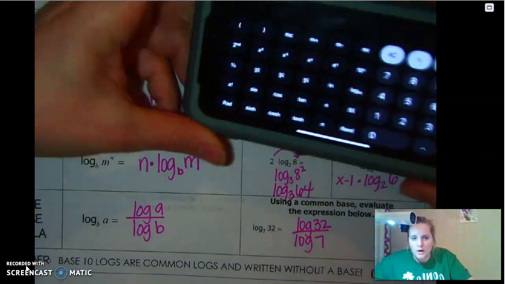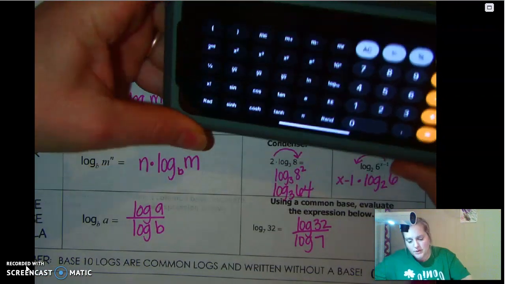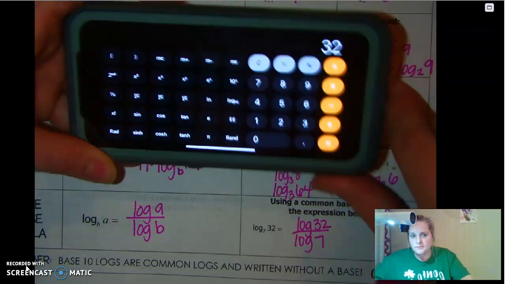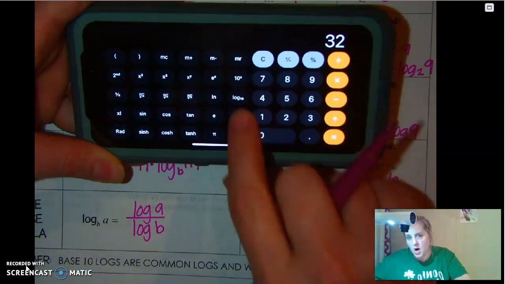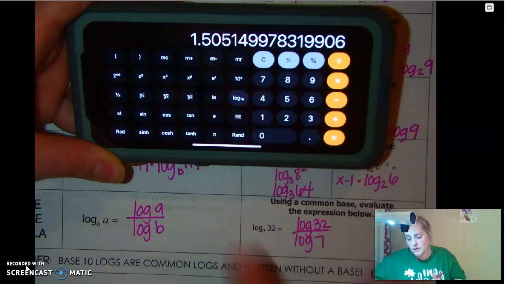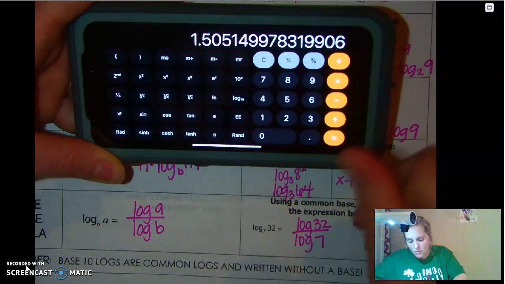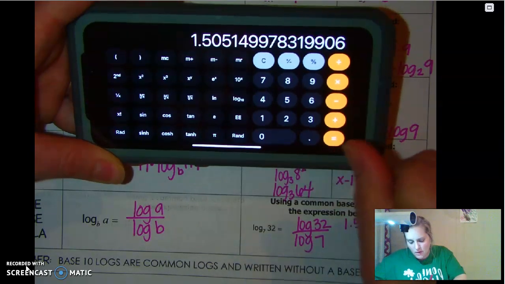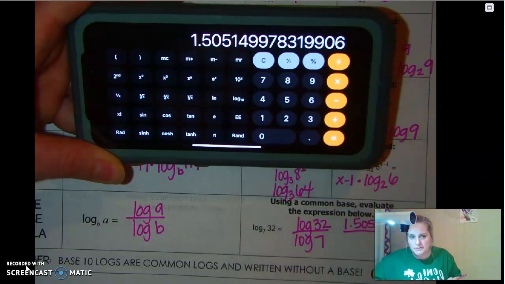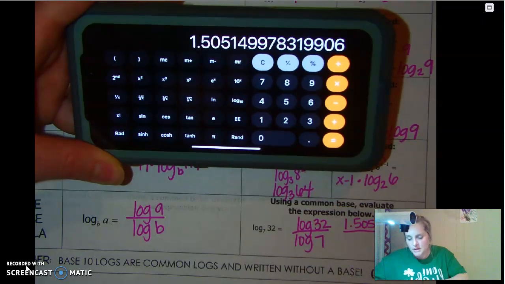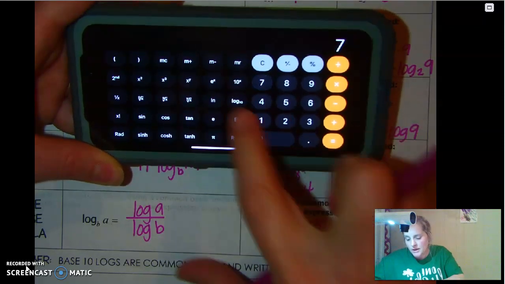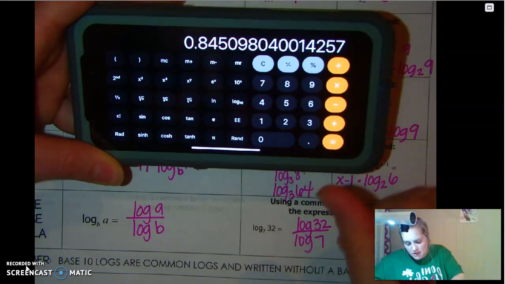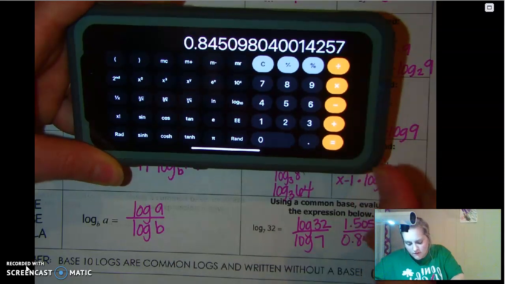Okay, sorry, y'all. Okay. So you put your 32 in there first, then you're going to press the log 10. That's the only button your calculator has, so that would be 1.505. Leave yourself some decimals. Put 7 in there, press log, that would be 0.845.